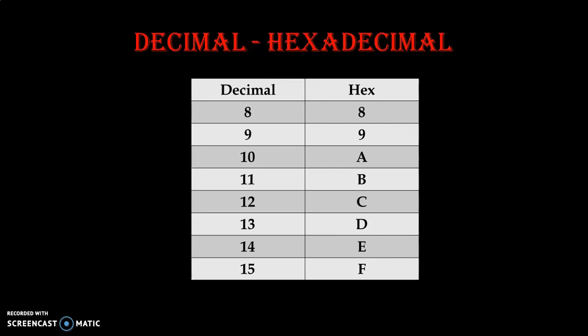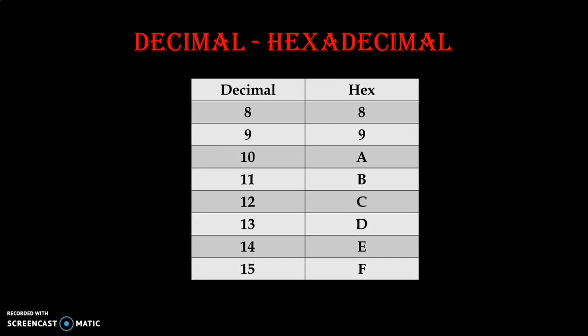So in hexadecimal, we have equivalent value for 10, 11, 12, 13, 14, 15 and that is A, B, C, D, E, F. In hexadecimal, in this way, we have total 16 digits and maximum single digit value is F, and F is equivalent in decimal to 15.